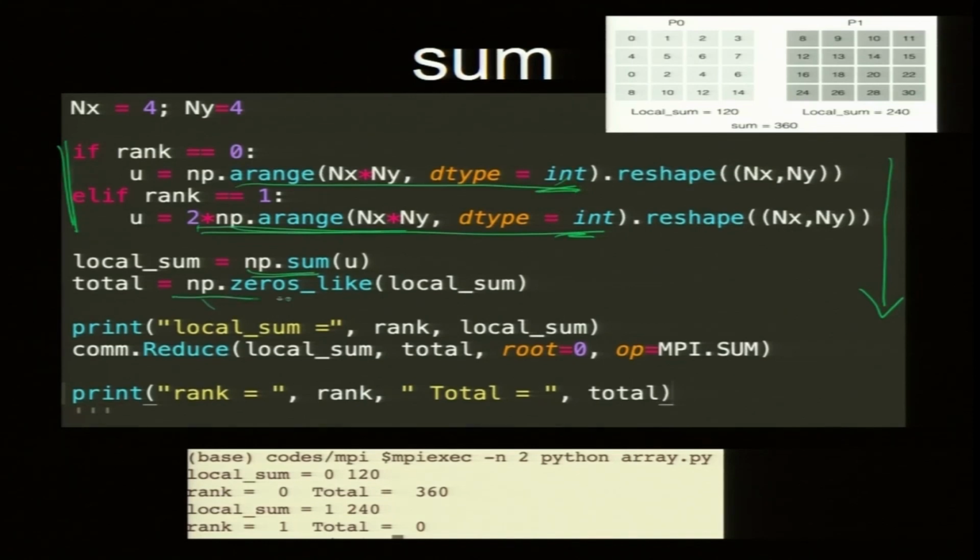I do total equal to np.zeros_like, which means zeros like the array variable local sum. This will make sure that total can be integer or float, depending on what u is. Right now u is integer, so local sum is integer, so total is also integer, but for float this code will work too.